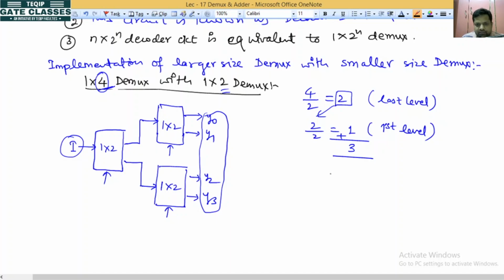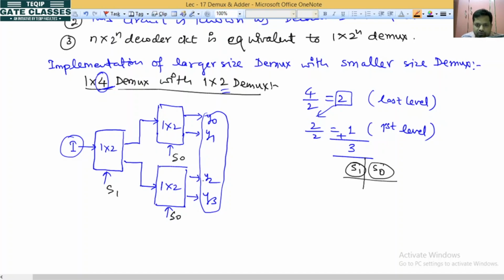Now selection lines are required on these 1 cross 2 demultiplexers. If we have 1 cross 4 demux, then it has two selection lines, that is S1 and S0. Divide them in two parts. Keep S1 on the first level and S0 on the second level.